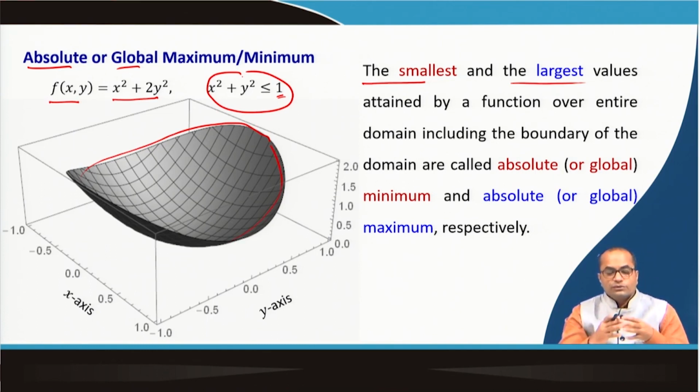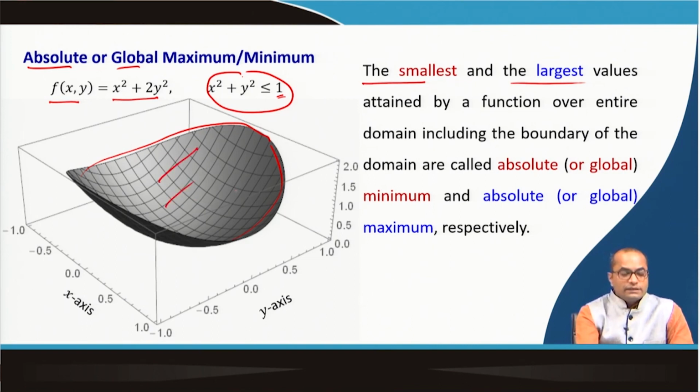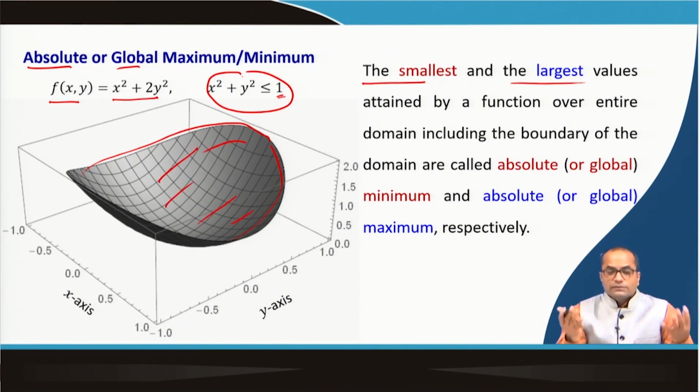So, the boundary has to be checked along with the interior part of the domain, and then such a smallest or the largest value, we call it as absolute or global minimum or absolute or global maximum respectively.